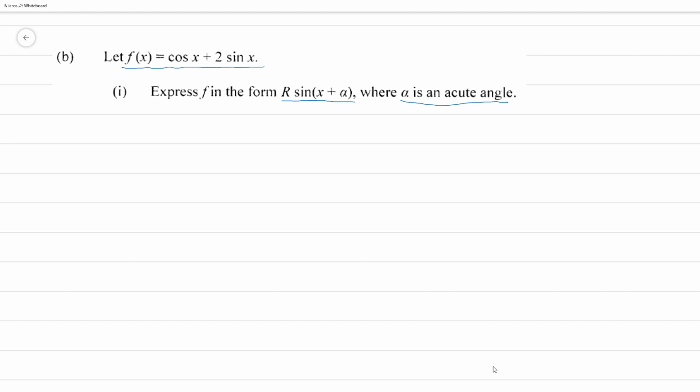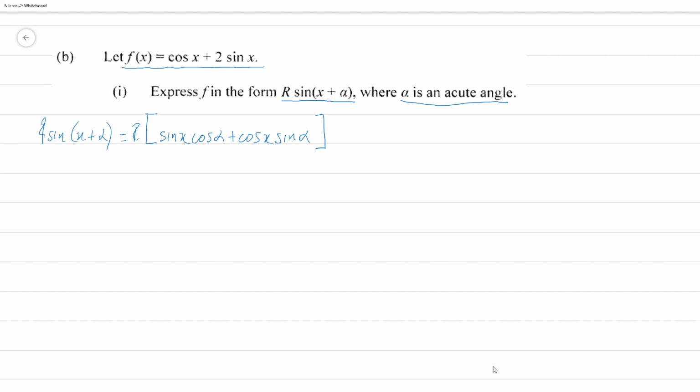So if you were to expand r sine x plus alpha, you would get, of course, r, put this out in a big bracket here, sine x cos alpha, it's a plus sign, plus cos x sine alpha. However you remember to do it, of course you could interchange the cos and the sine.